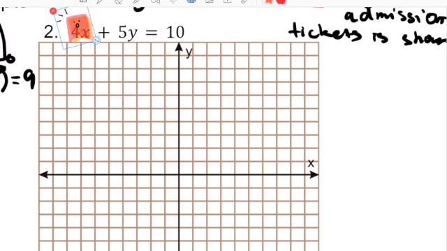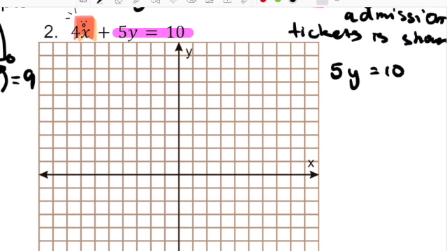So when we cover it, we would just be left with 5y equals 10. And from there, we can simply solve for the y-intercept. We divide 5 on both sides, and then y equals 2.